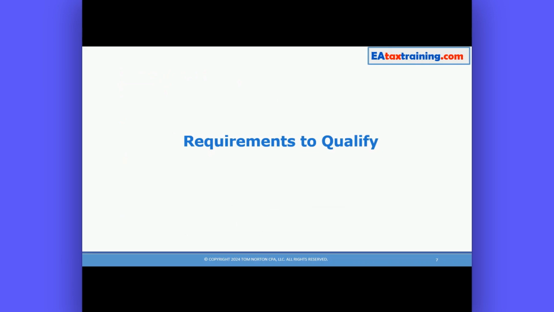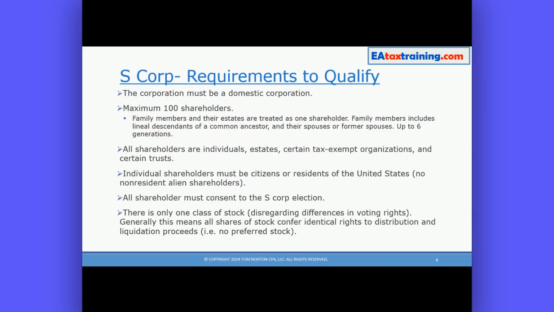Requirements to qualify as an S corporation, you will want to make note of these as there will certainly be questions on the EA exam about the requirements for being an S corporation. So first of all, the corporation must be a domestic corporation, a United States corporation.